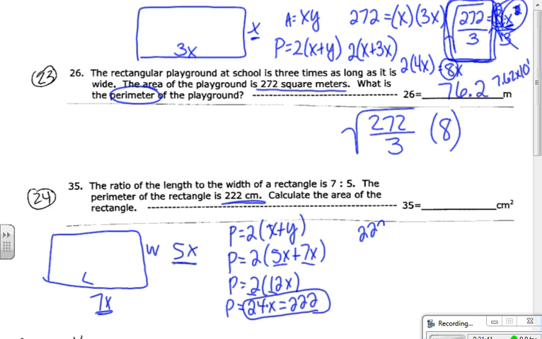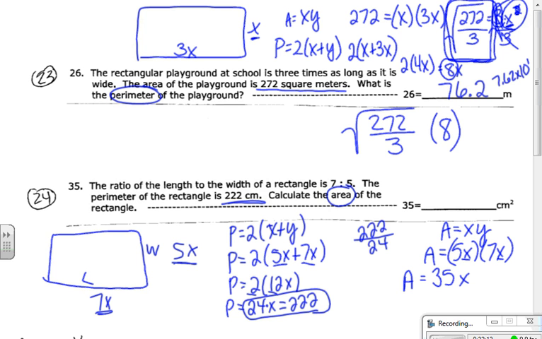So you have 222 divided by 24, and that gives you the value for x, which then we could multiply by 5 to get the width, or we could multiply by 7 to get the length. But they don't ask for those, they ask for the area. So area is length times width. So if we plug in what we found, our 5x and our 7x, then that breaks down to 5 times 7, which is 35, and then x times x, which is x to the second power.